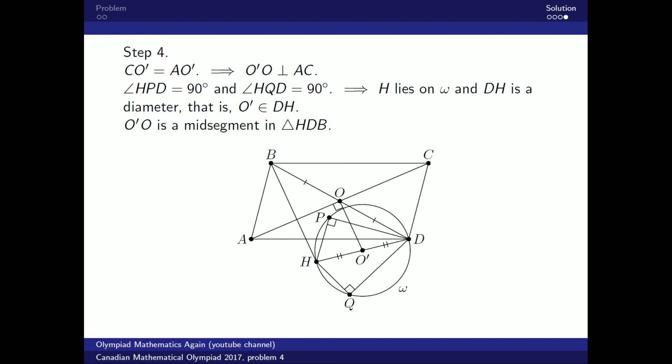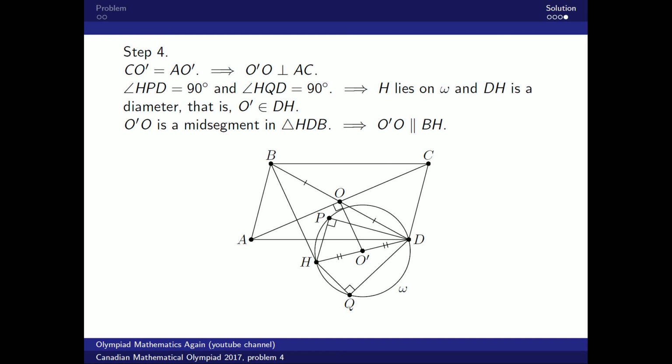It immediately implies that, because a mid segment in a triangle is parallel to its side, O'O is parallel to BH. But we already proved that O'O is perpendicular to AC.